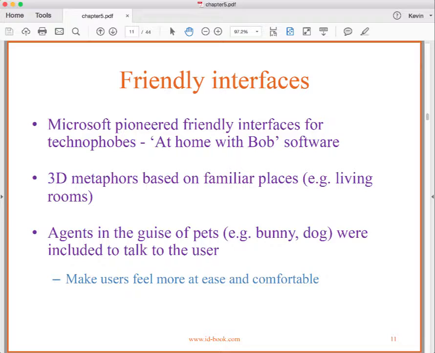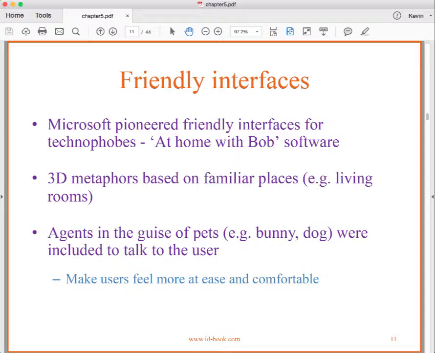Friendly interfaces relates to this subject, and there's been a lot of work done on this, both in research and in actual or prototypical products. Microsoft put a lot of time and money into this At Home with Bob software interface.